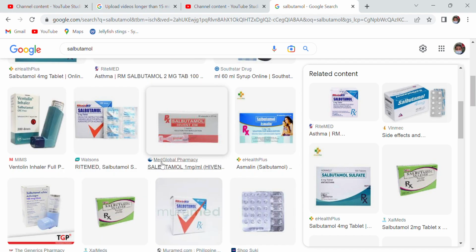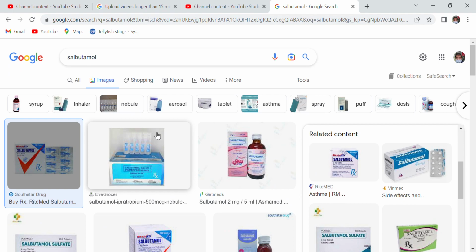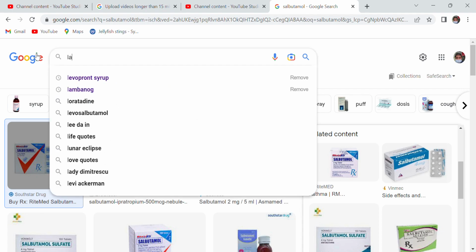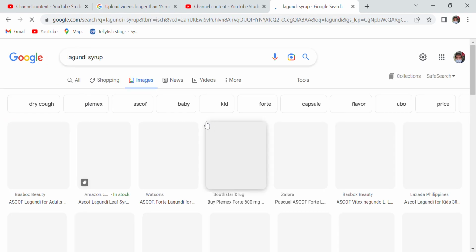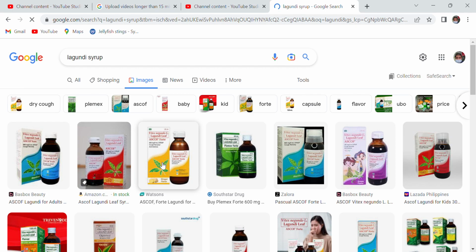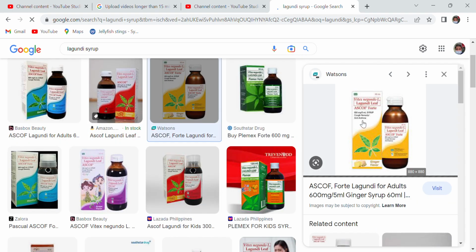Okay. So what about Lagundi? When you search about Lagundi syrup, the label would say cough remedy and anti-asthma.